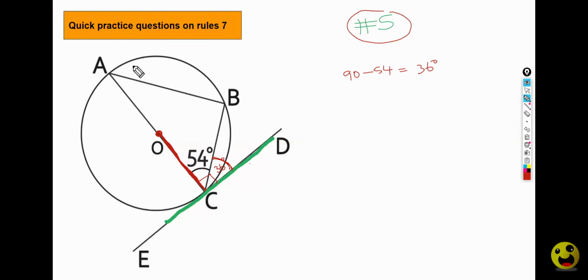But I asked you to find this angle. So after you find this angle using rule 5, you can apply rule 7 only after. I'm not too sure if you're seeing rule 7 here. Look, in the vertical line there, isn't this a chord, this yellow line? I put C for chord, right?